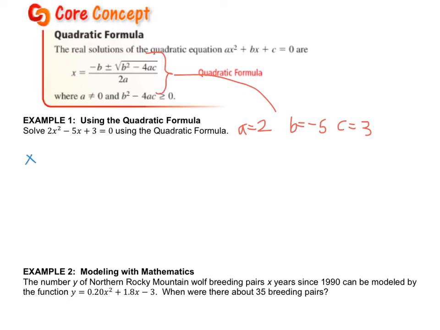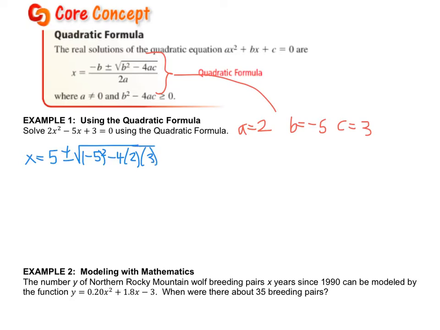All you do is take them and plug them into this formula. So x equals negative 5, which is actually positive 5, plus or minus, we talked about the plus minus symbol, the big square root, meaning that this whole thing inside is being square rooted. Negative 5 squared minus 4 times a, which is 2, times c, which is 3.